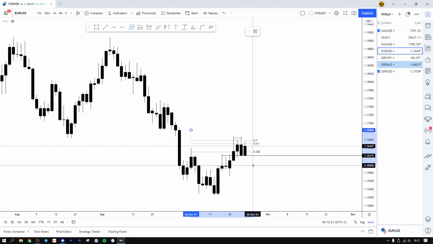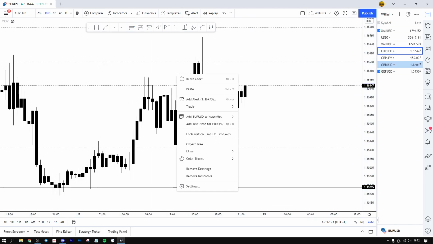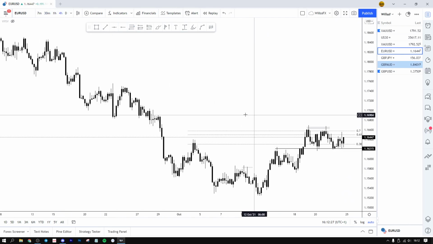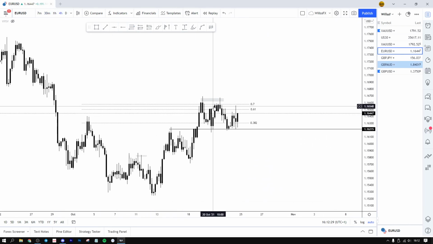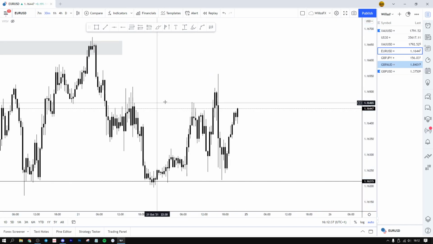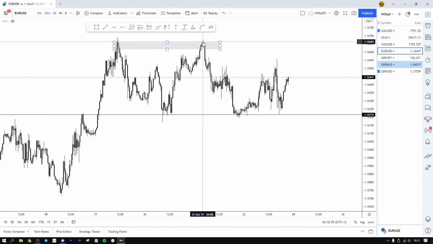Also, if we draw the daily fib, or the 4 hour, it probably would have lined up as well. On the 4 hour, look at all these taps into the 70. Extra confidence that price is going to drop.